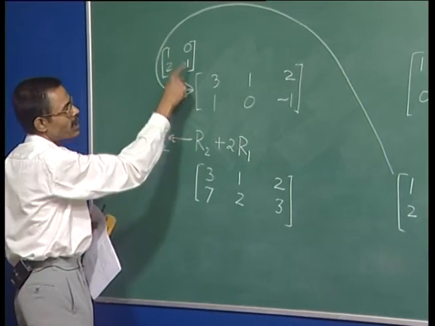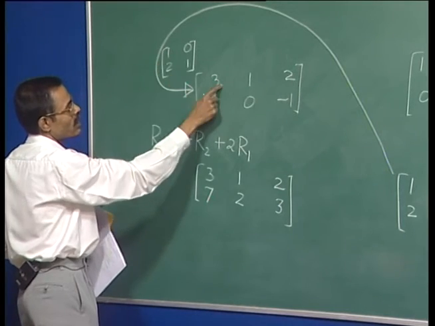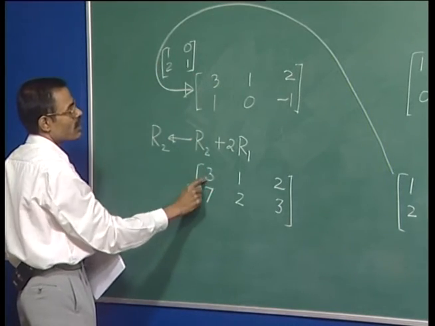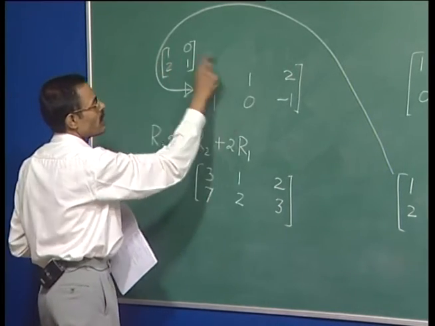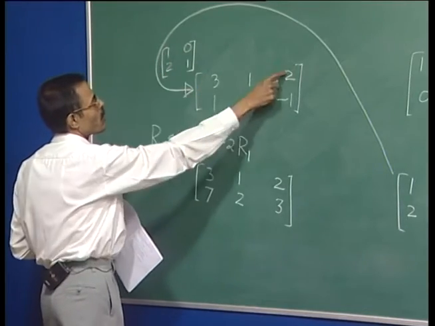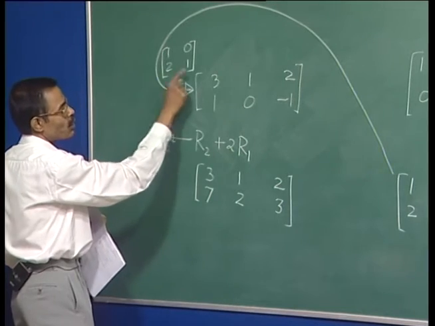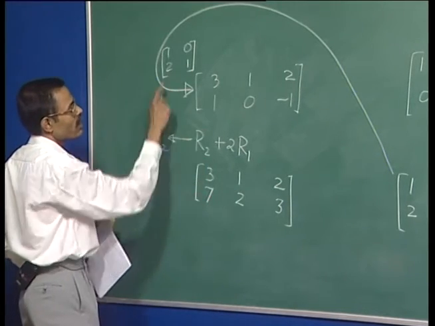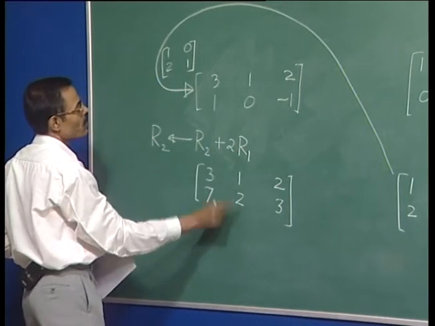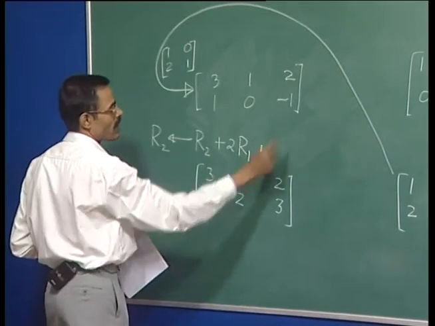I am reproducing it here for convenience. Now, if we multiply this matrix with this, then see 3 plus 0, 3, 1 plus 0, 1, 2 plus 0, 2, and in the next row 2 into 3 plus 1, 7, 2 plus 0, 2, then 4 minus 1, 3.